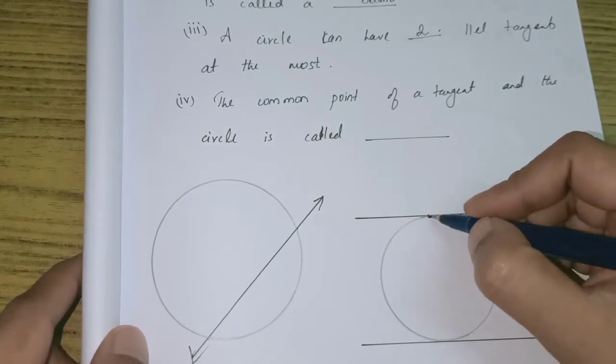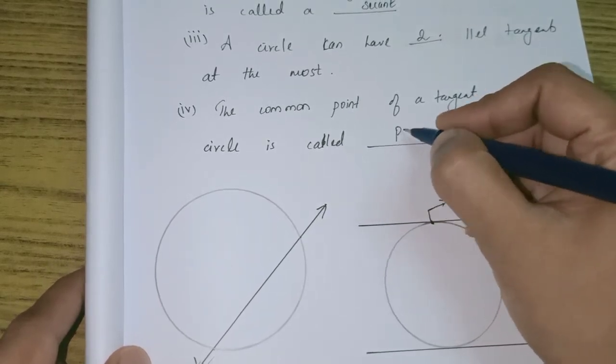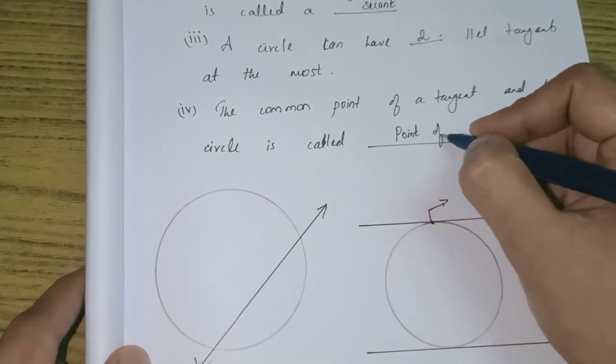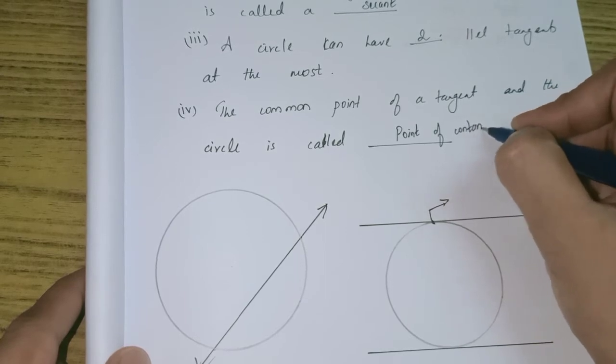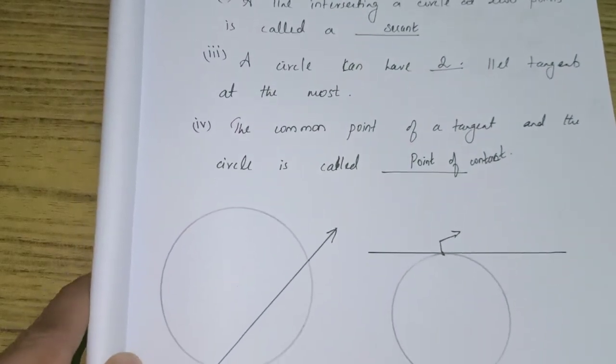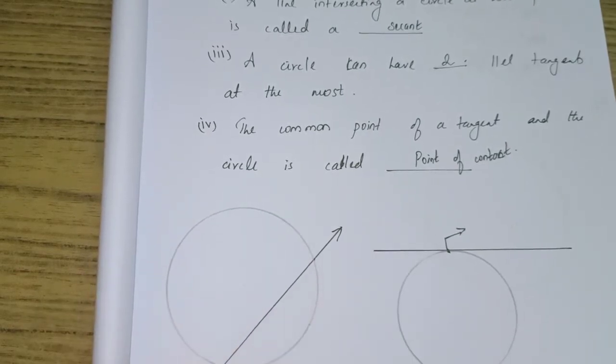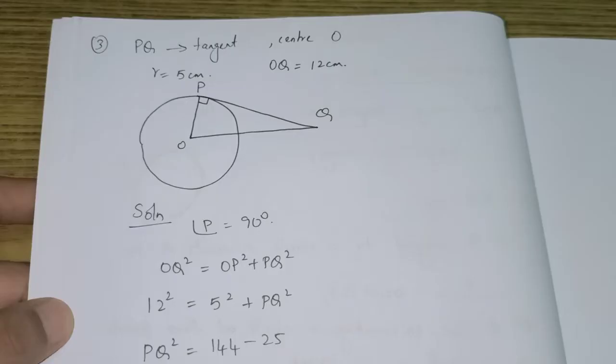So this point is called the point of contact. What is the point of contact? It is the common point of a tangent and the circle.